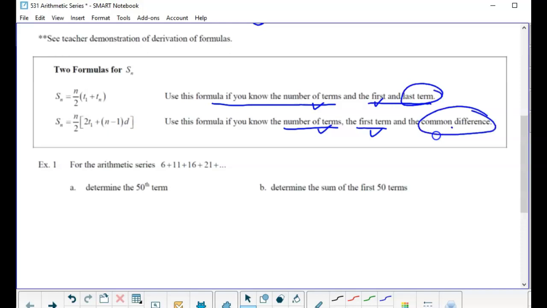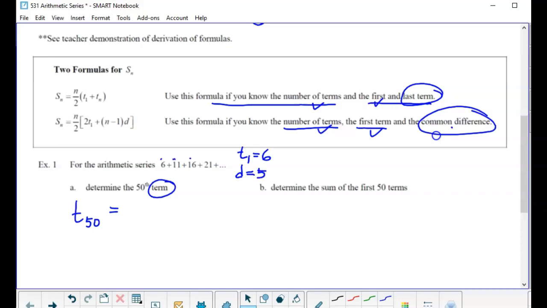So let's practice. So it says for the arithmetic series 6, 11, 16, 21, determine the 50th term. So term, it has nothing to do with sum. We just want to know T50. Okay, so in here, our first term is 6, and our common difference, well, 11 minus 6 is 5. 16 minus 11 is 5.